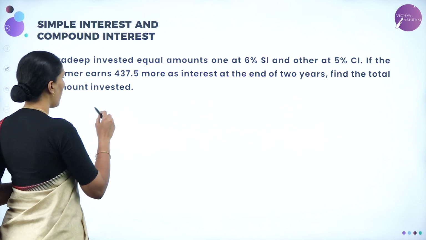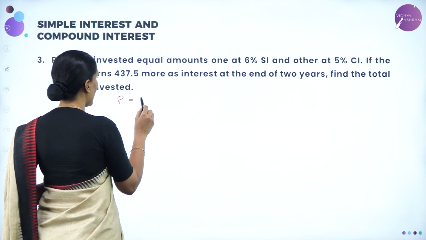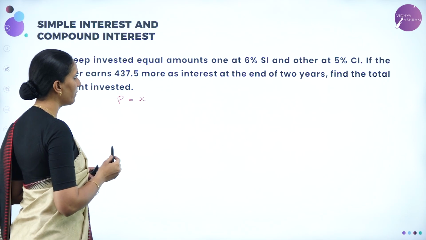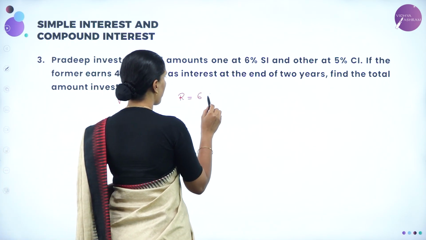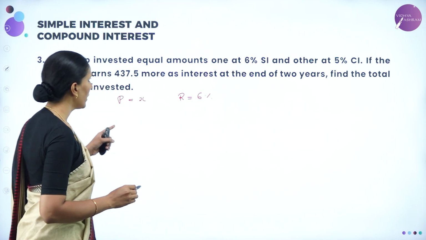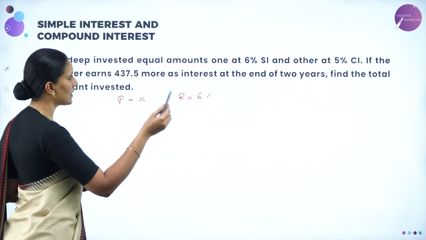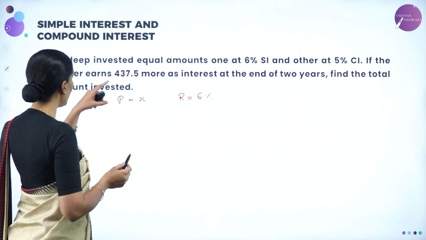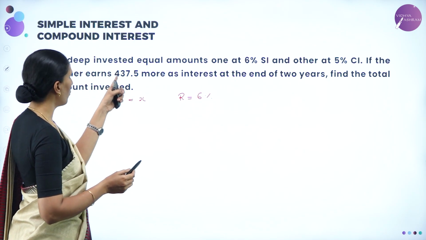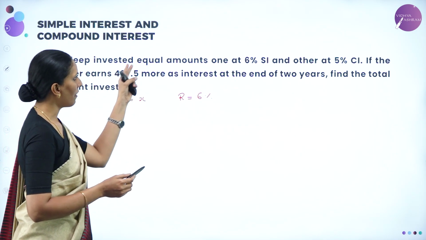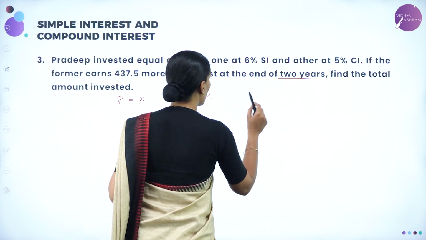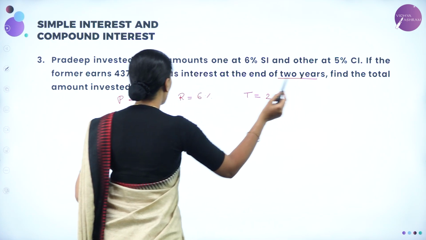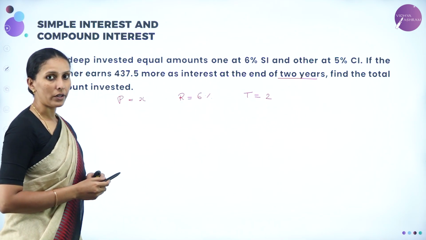So the same amount, principal, is x. One is invested at the rate of 6% simple interest, and the same amount is invested at 5% compound interest. So he earns a profit of 437.5 after investing the amount for 2 years, so here the time is 2 years, and we need to calculate the total amount invested by him.